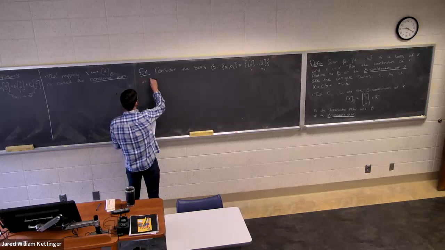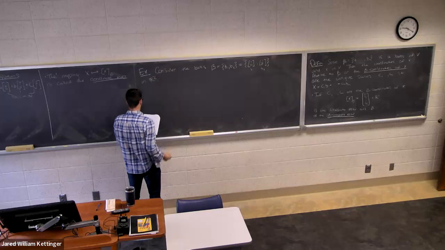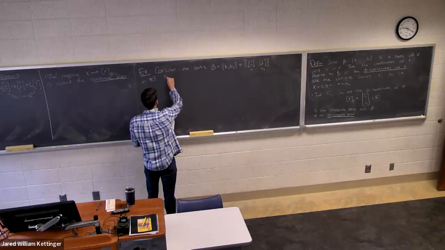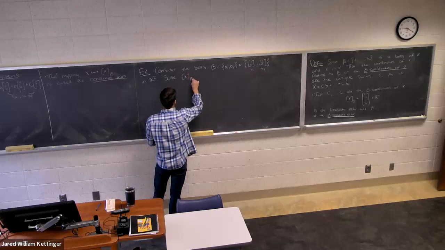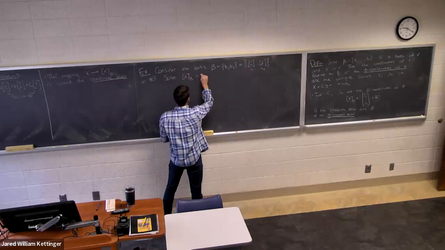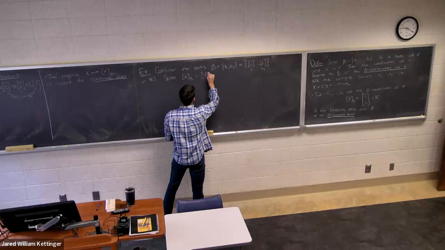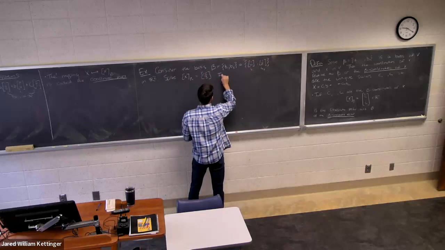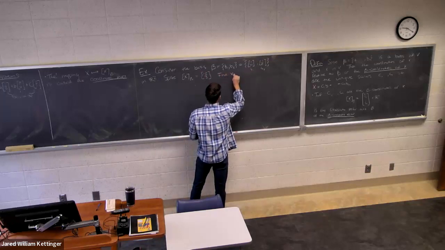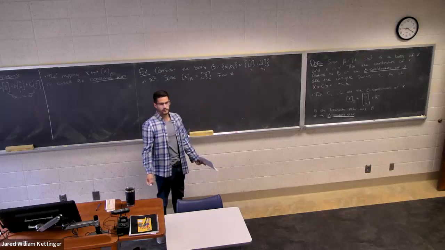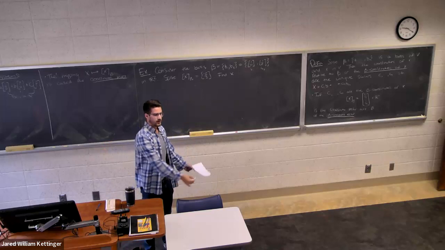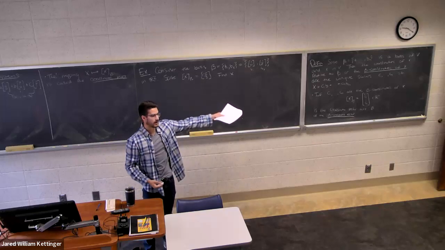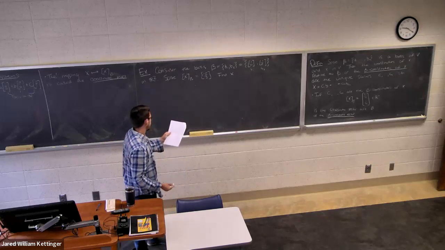And this is in R squared. Suppose we don't know what x is, but we're given its beta coordinates to be -2, 3. We want to find x. So this is kind of the easier direction. If you're given the coordinates, all you have to do is form the linear combination and you're going to recover what x is.